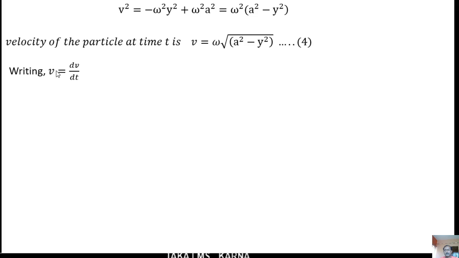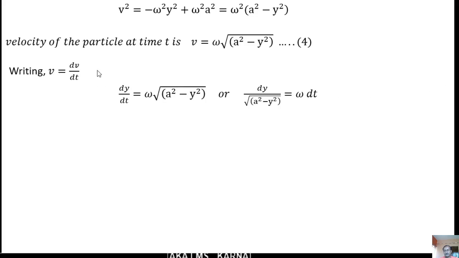Now you write v equals, sorry, this will not be dv, it is dy by dt. Here v is dy by dt, the rate of change of displacement, so dy by dt equals omega into square root of a square minus y square.